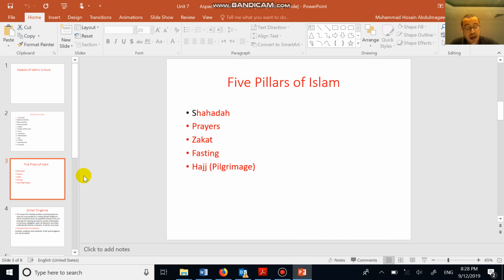Okay. Now the second one is the 5 pillars of Islam. This is Shahada. You know that, all of you. This is Shahada, prayers, zakat, fasting, and al-Hajj. Okay.